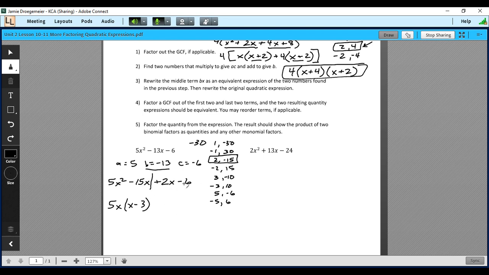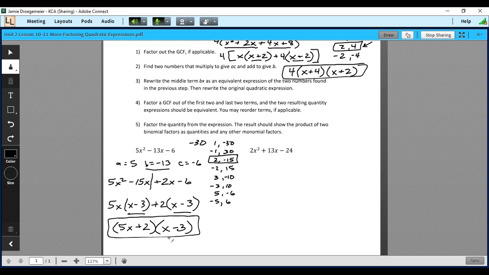Then my second set here, 2x and negative 6, I could factor out a positive 2, and that would leave me with x minus 3 again inside the parentheses. So now if these match, then I can rewrite that as 5x plus 2 times x minus 3. That is going to be my factored form.